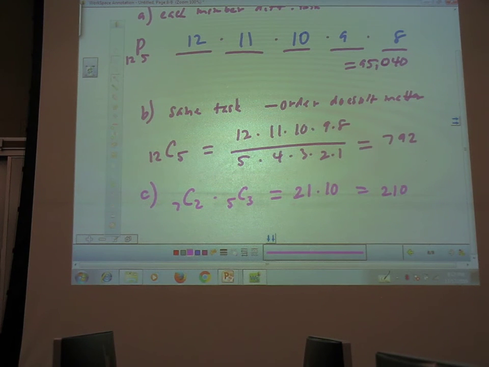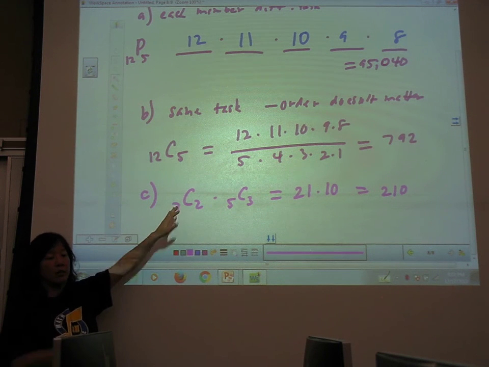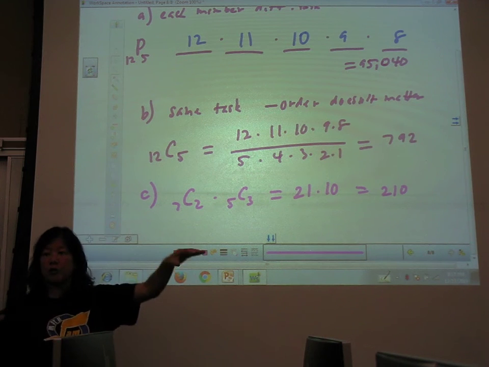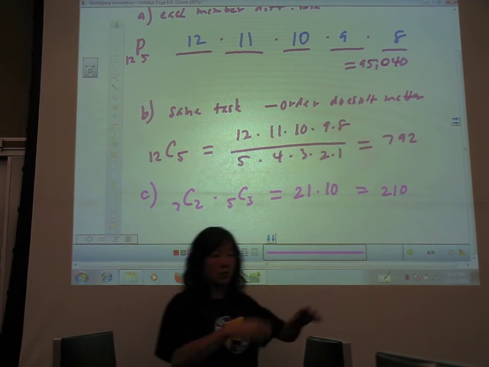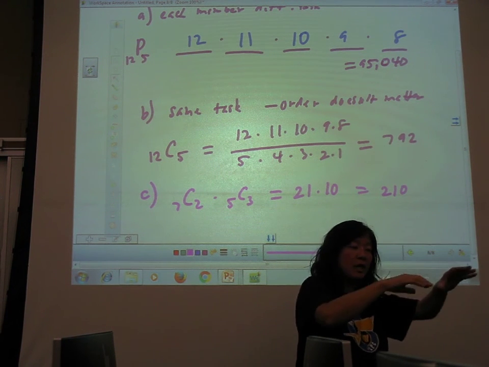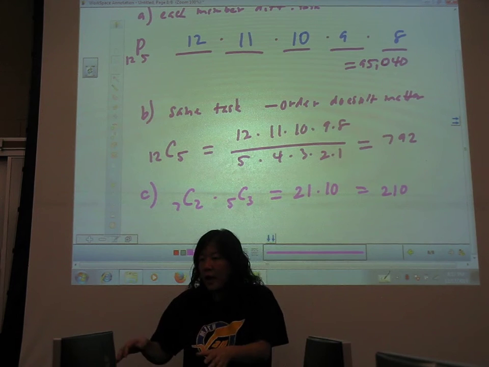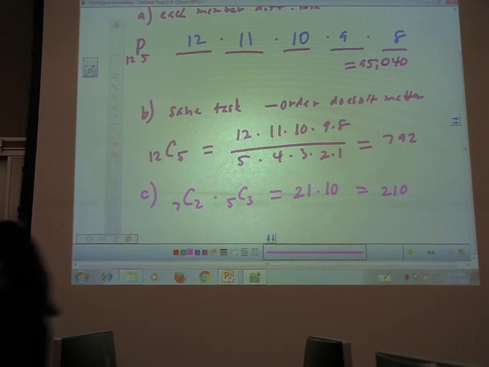Because this first number is the number of ways of having 7 men and picking 2 of them. I can pick these 2 or those 2 or those 2 or those 2. And then for every 2 that I pick, I could pick 3 women, those 3 or those 3 or those 3. There's 10 different ways of doing that. So these 10 ways, as soon as I pick 2 different guys, I have another 10 ways of picking the women. Right, so it's 21 times 10.